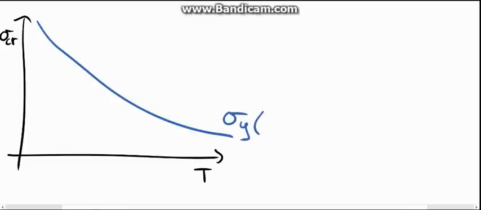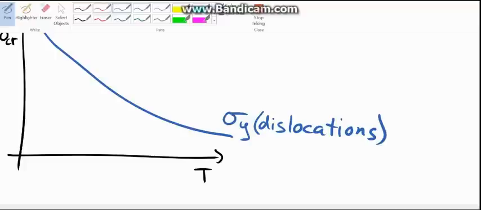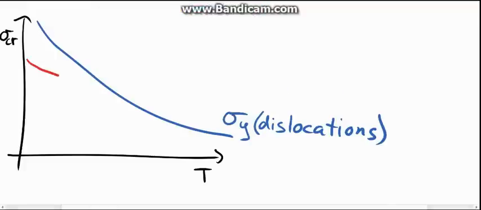And so this is all about dislocations. But we will also have another mechanism, which we call twinning. This is the critical stress for twins.